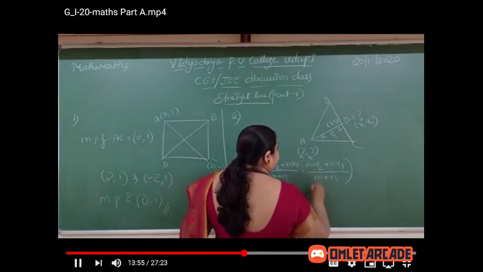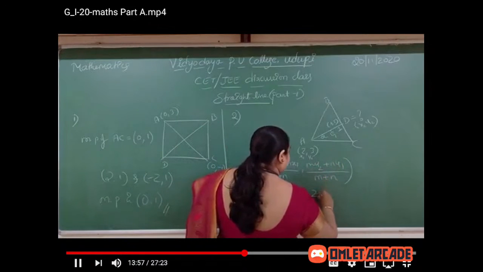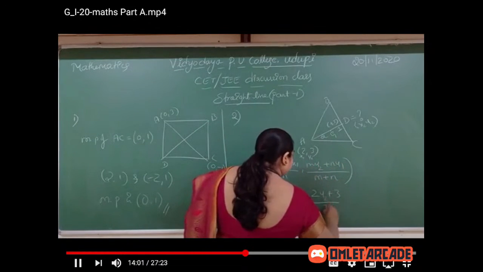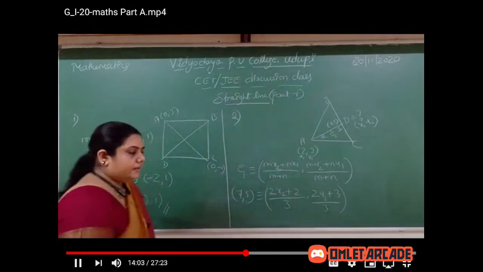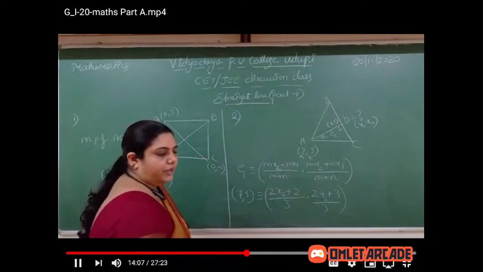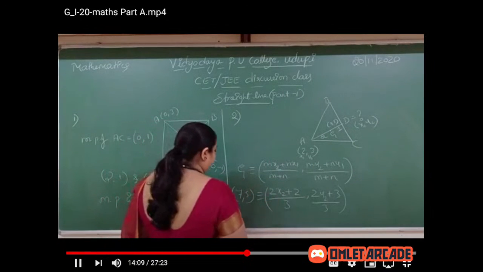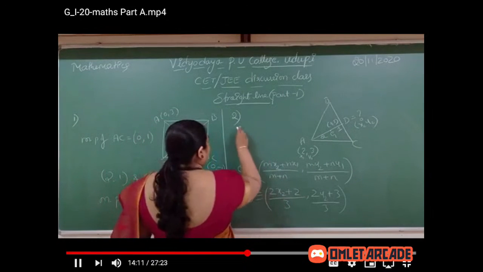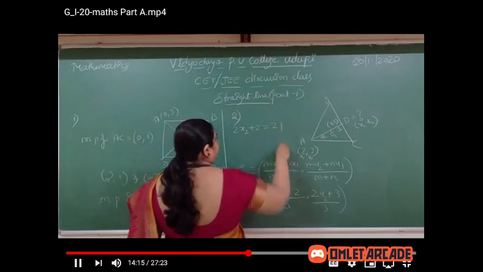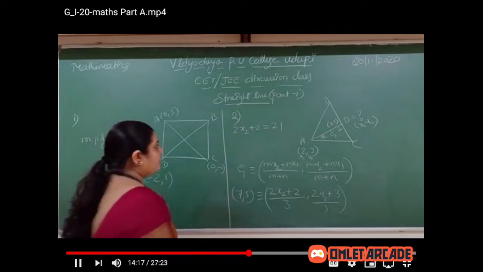Similarly here, 2 into y2 and 1 into y1 which is 3, divided by 3. So when the two ordered pairs are equal, we will equate the x and y coordinates. So let me equate these two. 2x2 plus 2 is equal to 7 threes are 21, isn't it?